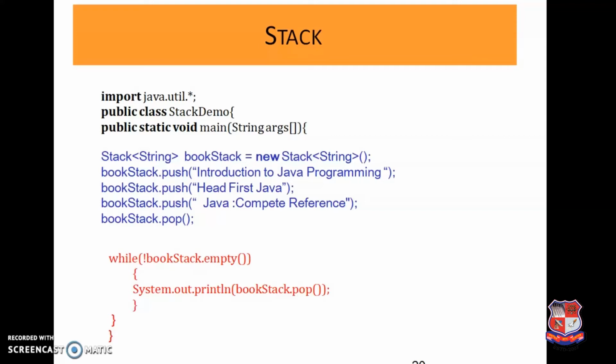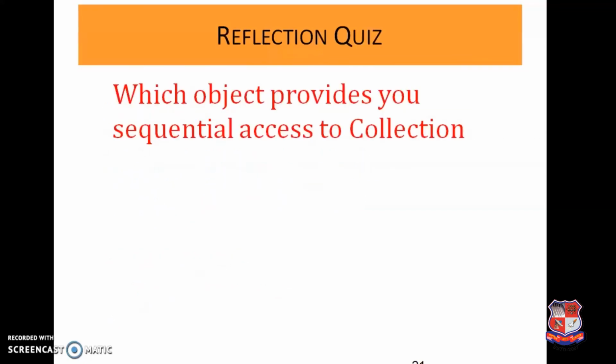Then we can pop all elements of the stack by using a simple while loop. In the while loop we'll use the empty method to check whether the stack is empty. So this loop will run until your stack is empty and it will pop all elements one by one. So you will get output. It will print Head First Java, then it will print Introduction to Java Programming.